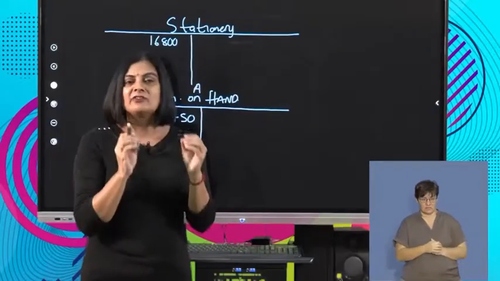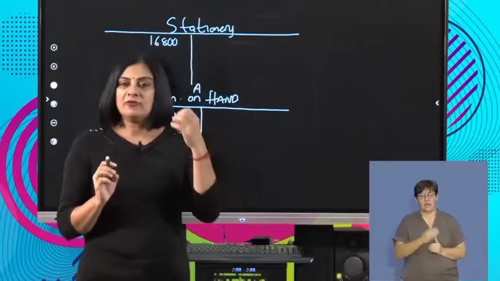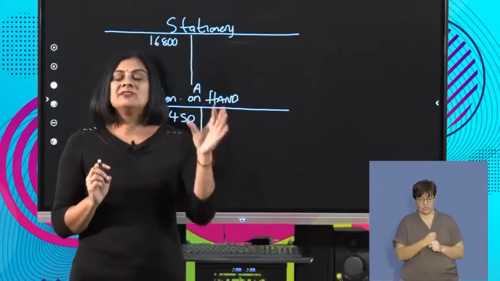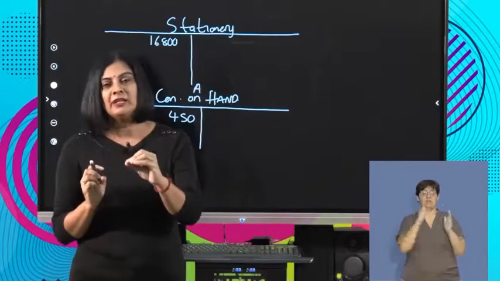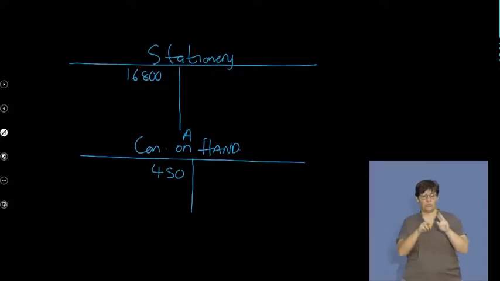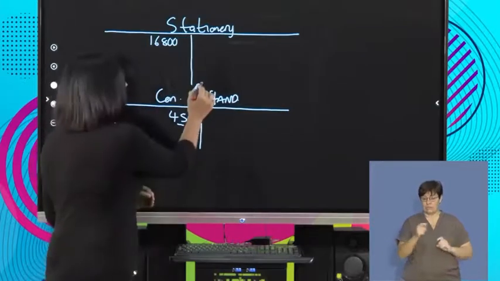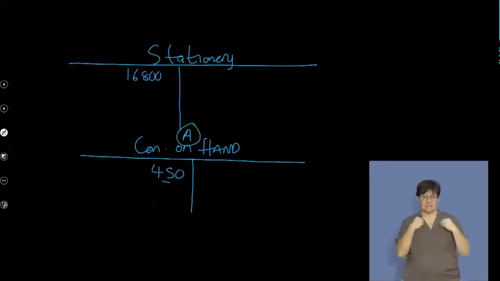Now, what does this mean in very simple terms? At the end of last year, there was unused stationery, probably locked away in the cupboard or in the storeroom, amounting to 450 Rand. Now remember, unused stationery obviously becomes an asset for the business.